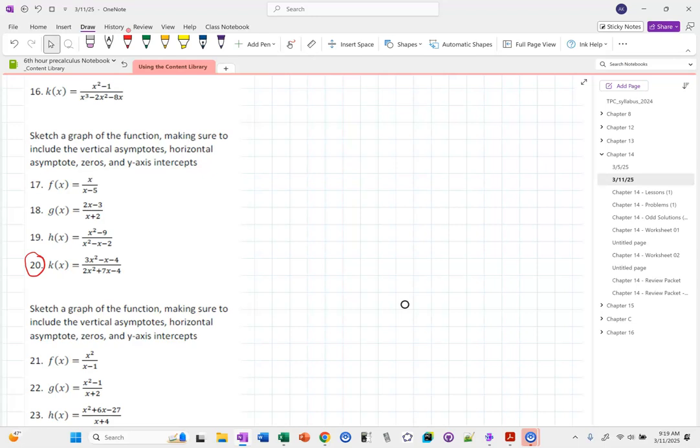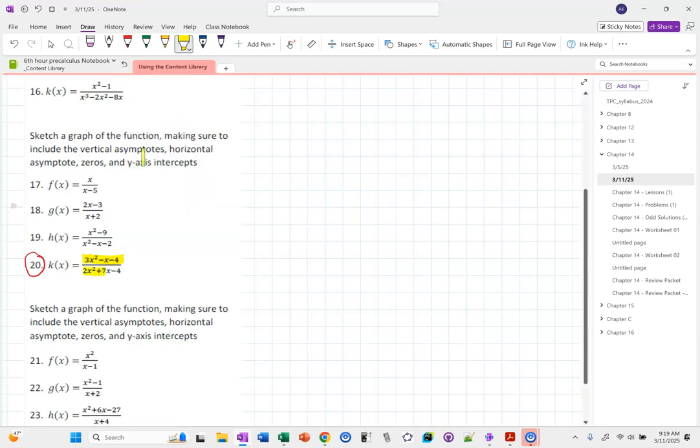First thing I would want to do to start this problem would be to factor. So if I look at this, oh no, you guys picked a good one, right?